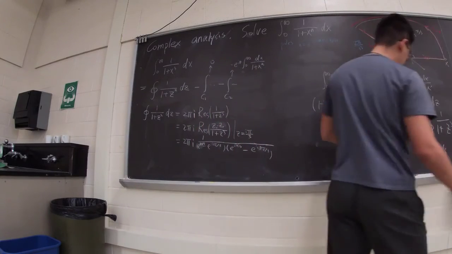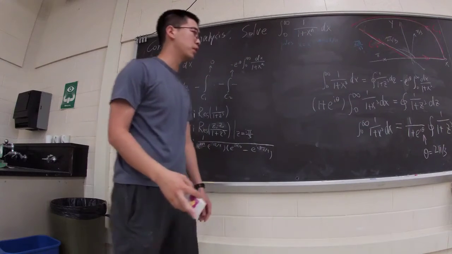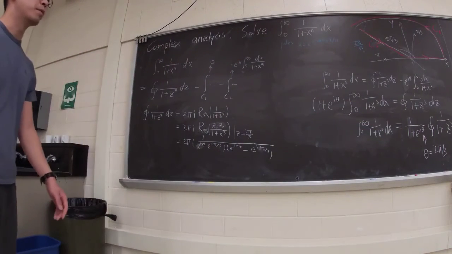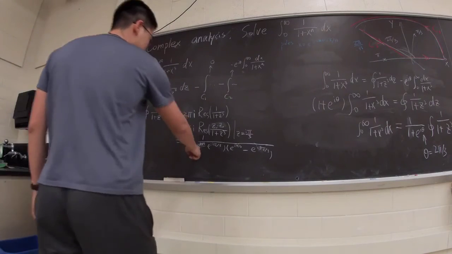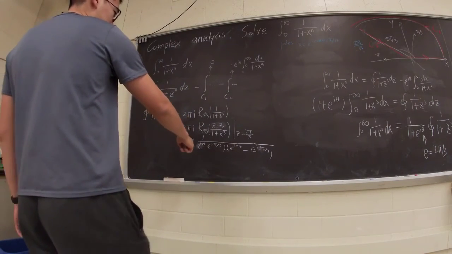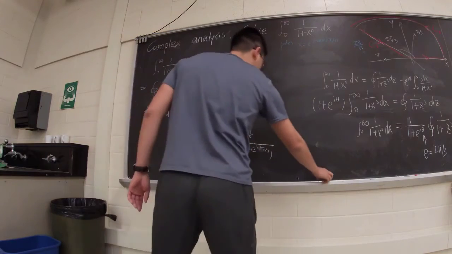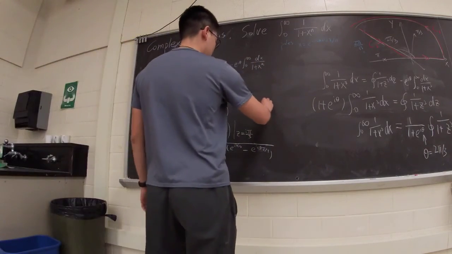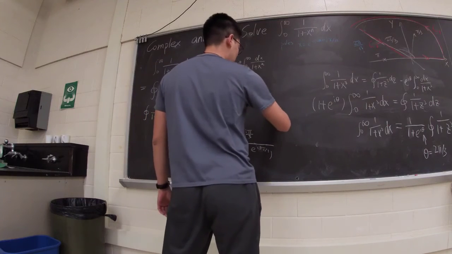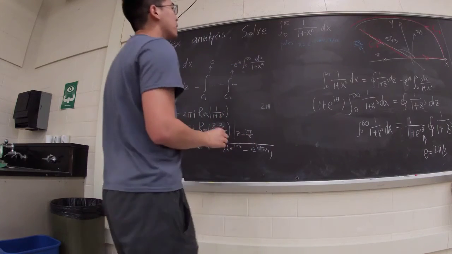A good check, of course, is that the final result has to be a real number. I haven't tried it, but it might give us some really neat way to express it. Let's see.